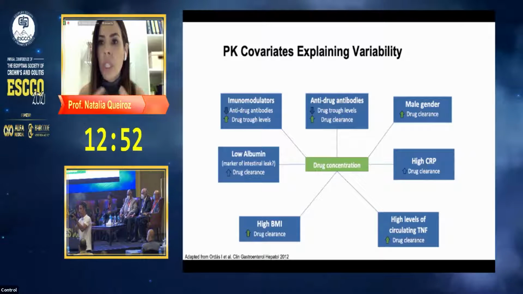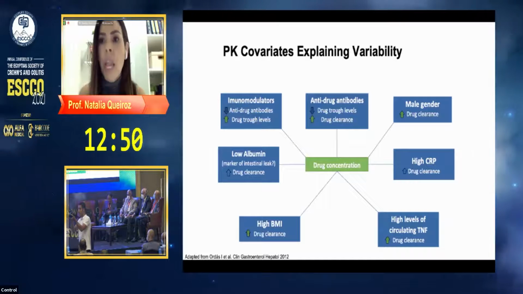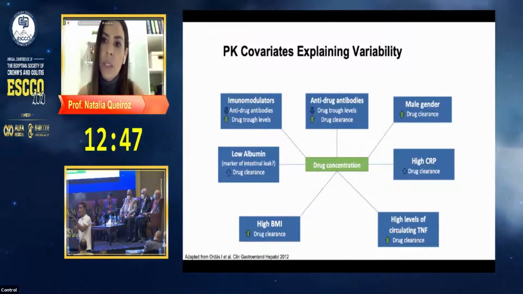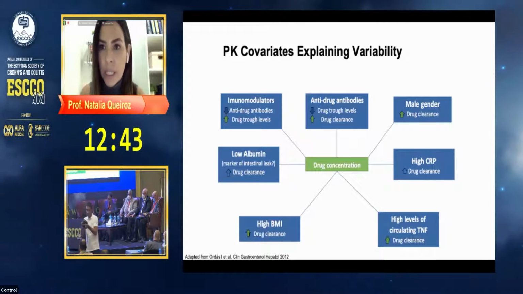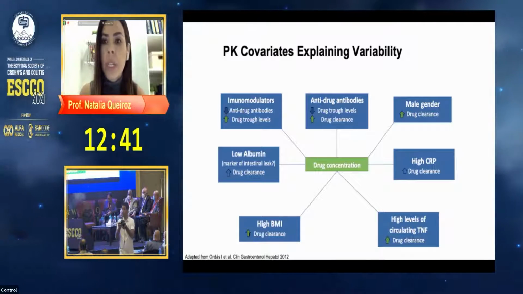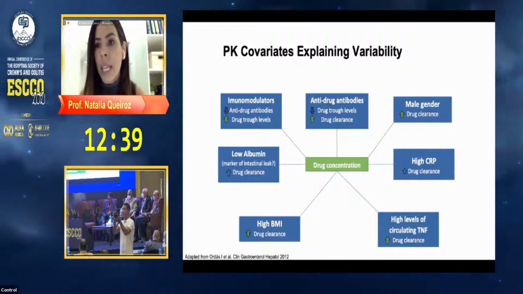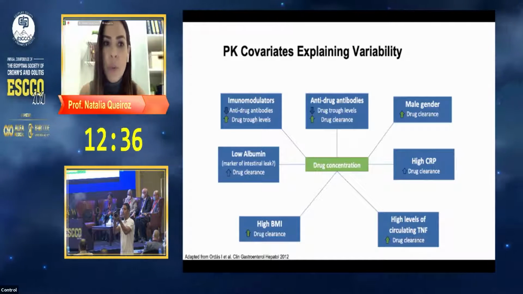So usually those patients need more drug. And also the pharmacokinetics is really influenced by the presence of antibodies, that is the immunogenicity. The antibodies increase drug clearance and we can act by adding immunomodulators.